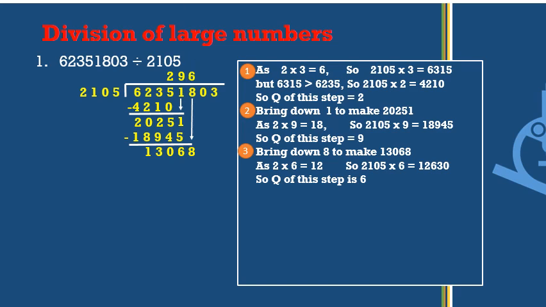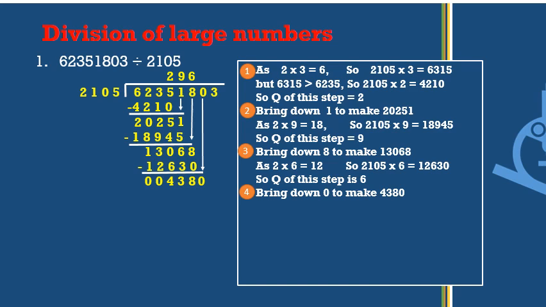Now we will put 12630 below 13068 and we will subtract 12630 from 13068 to get 438 as remainder.